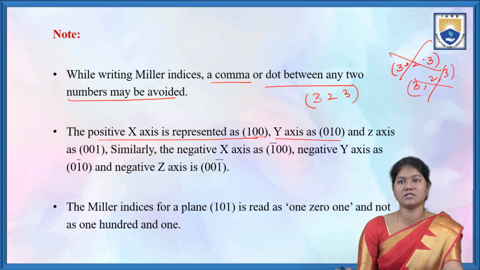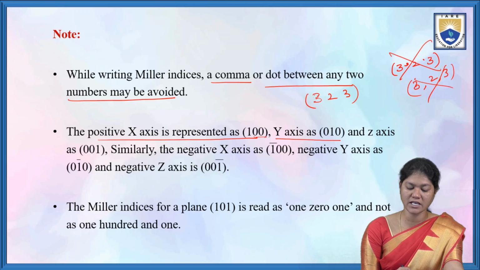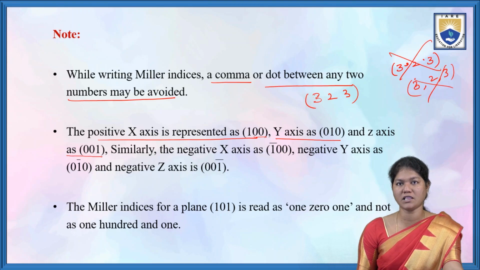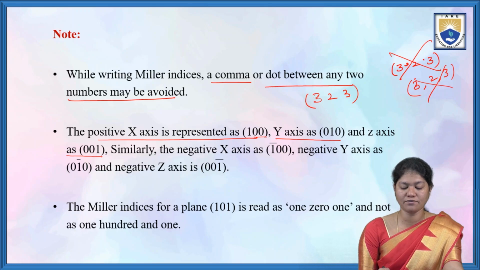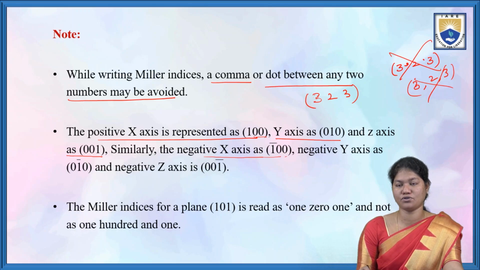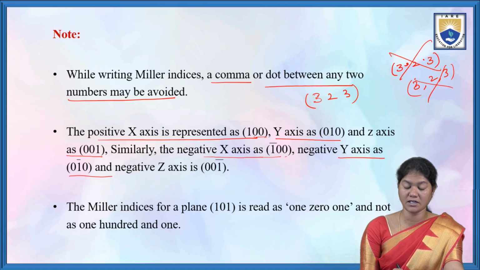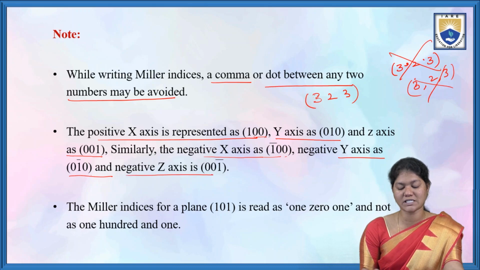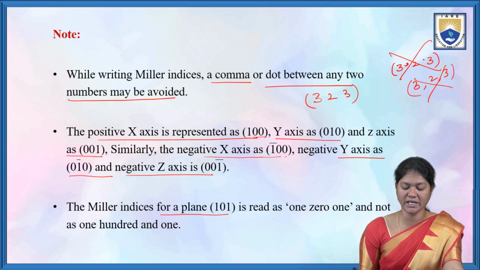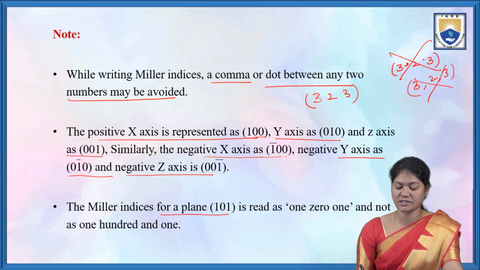On the y-axis 010 and on the z-axis 001 if we take 3 dimensions. Similarly, a negative x-axis can be represented as 1 bar 00, the negative y-axis as 0 1 bar 0, and the negative z-axis as 001 bar.